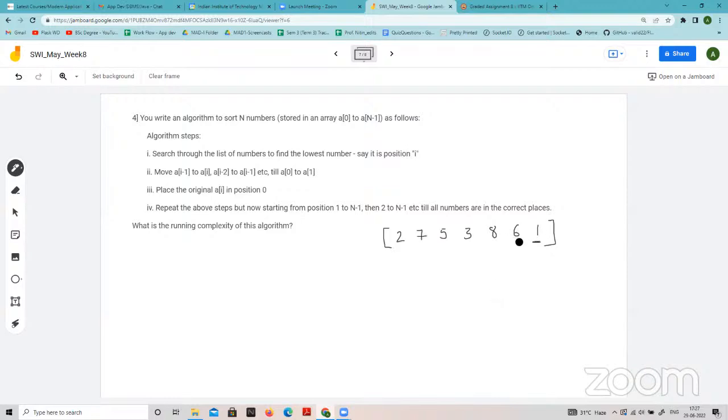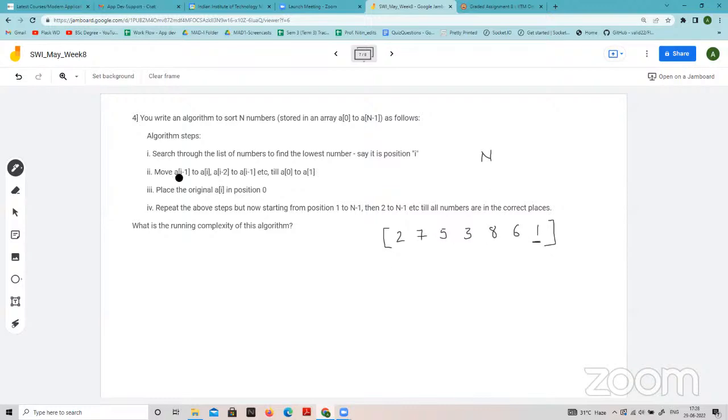Okay, the complexity to find the lowest number by performing as many comparisons as there are numbers is called n. So the complexity to find the lowest number in any list, see, we are not sorting, we are finding out the lowest number, by comparing all the numbers is n.